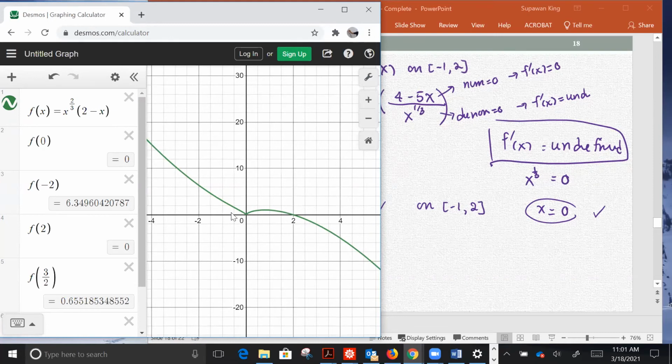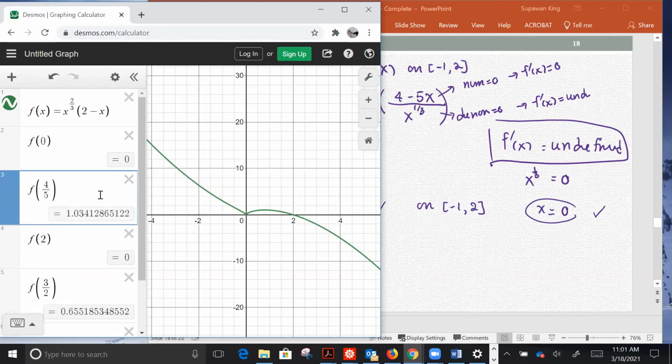And then the next critical value is at 4 over 5. The value is 1.034, somewhere around here, that's it. 1.034.